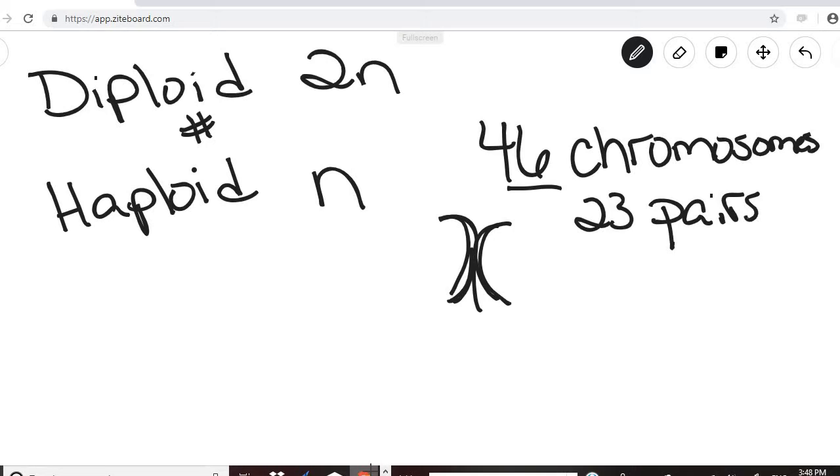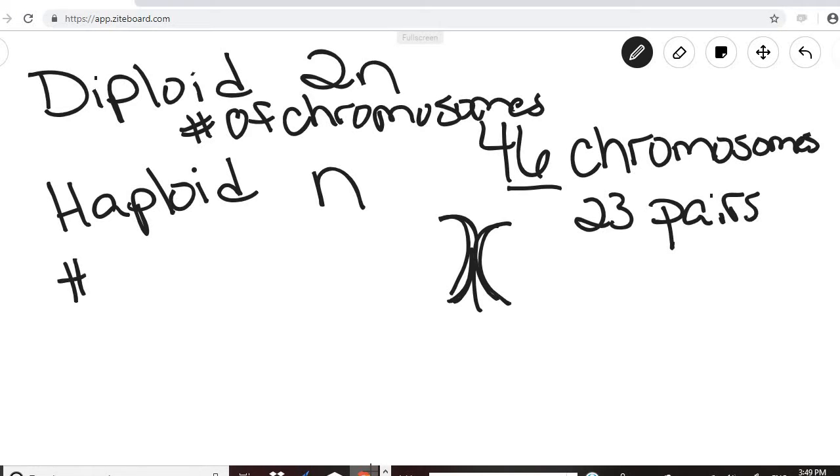So the diploid number would be the total number of chromosomes, and the haploid number is the number of pairs of chromosomes.